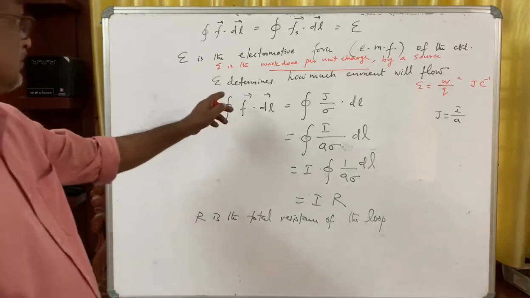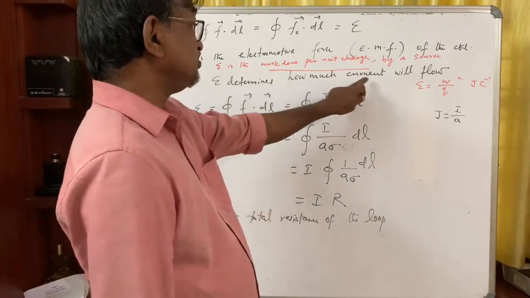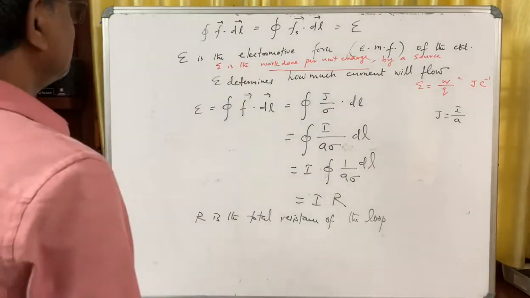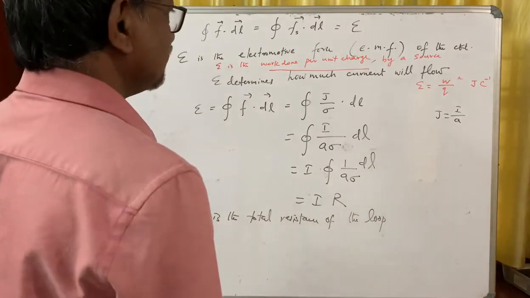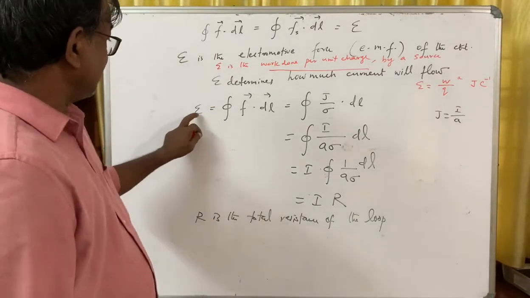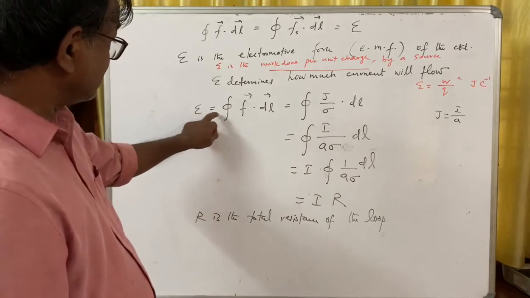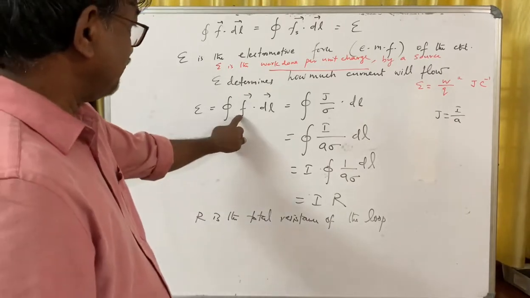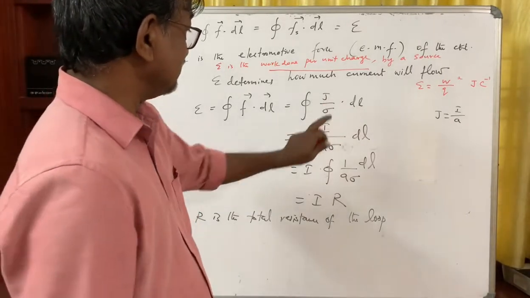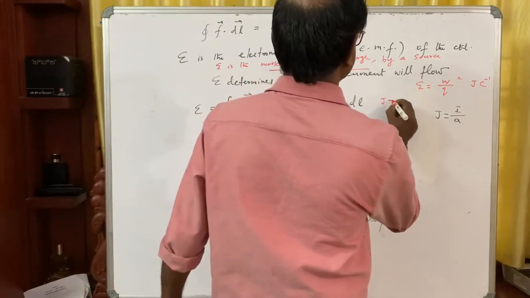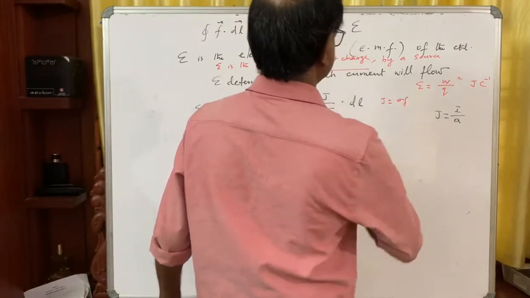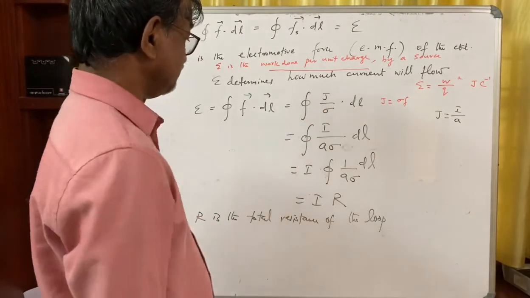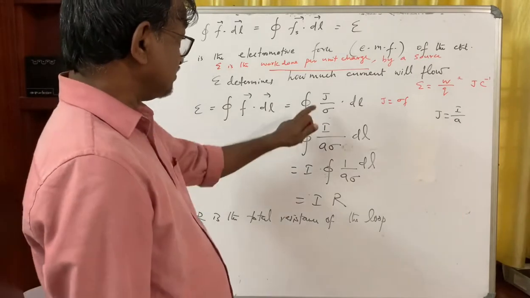Okay. Then E determines how much current will flow in the circuit. If E is large, then current will also be large. So next we can argue that E is equal to the closed line integral of F dot dl. What is F? F is equal to J by sigma, because J is equal to sigma F. So, what is J?